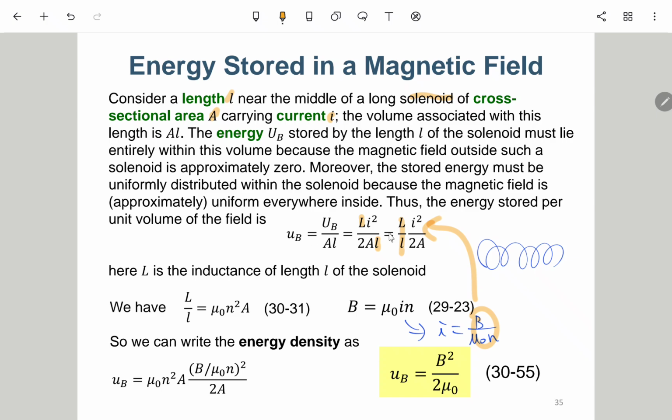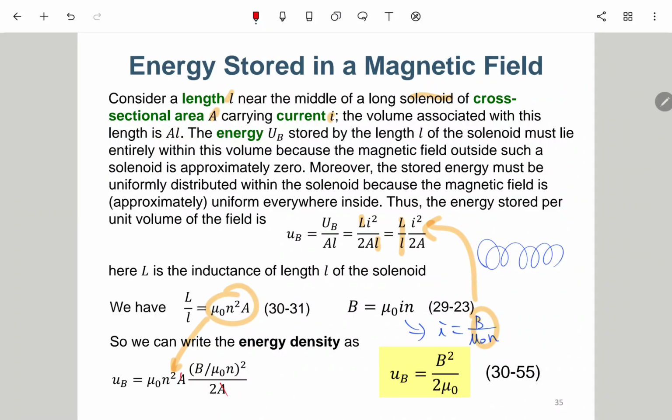So U_B will be, first, this one will be this one. So we put this one to here, and then I squared over 2A to here, and then I will be B over mu 0 n, so B over mu 0 n, and then whole squared over 2A. So we can do some cancellation.